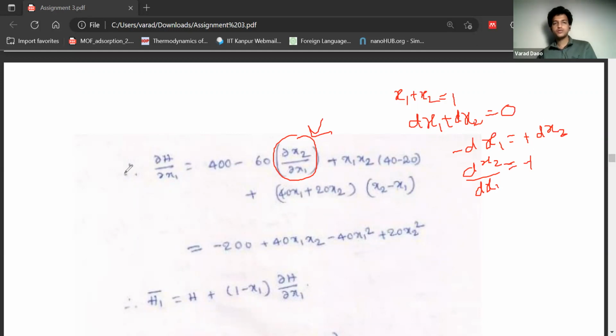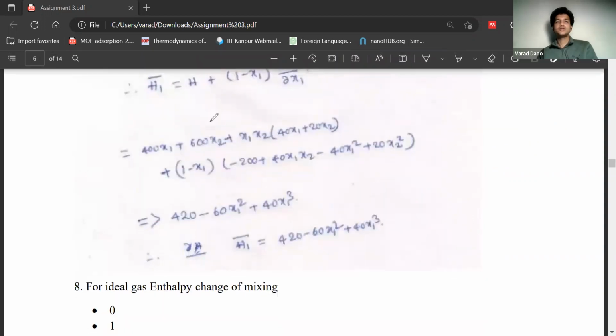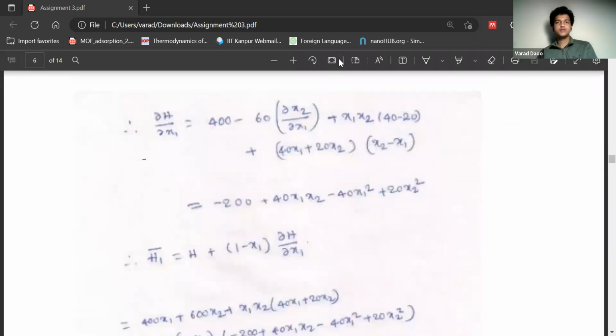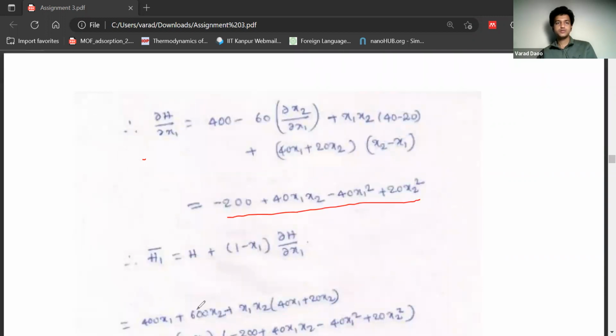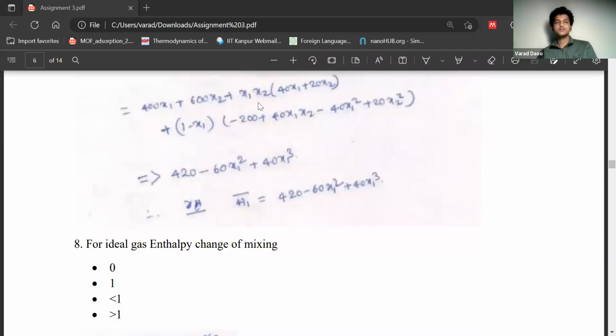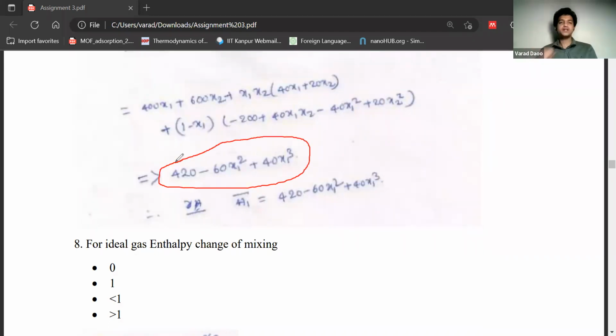Product rule, this is what they have done, and then they replace it by minus 1 and simplify it. Then H1 bar is equal to this. You just put in the values, H1 is this which we calculated earlier, and then finally you end up with this expression. It is just mathematics and algebra.